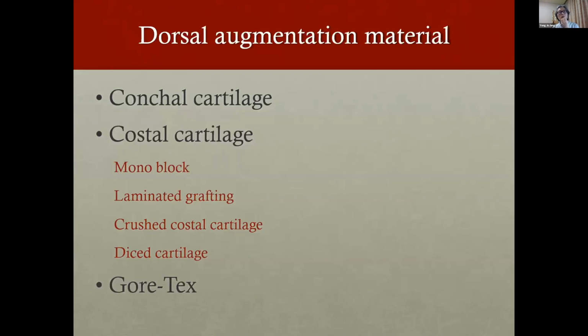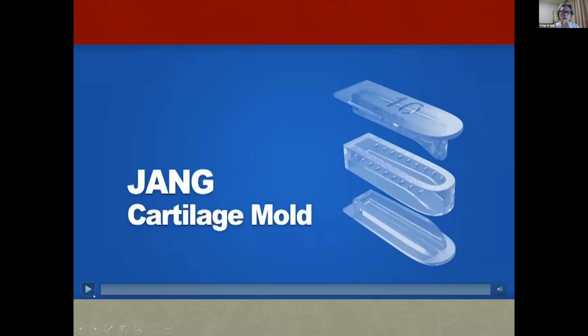Augmentation is also a very important aspect of short nose correction. I mostly use costal cartilage. Nowadays, I mostly use glutaraldehyde-treated cartilage. So this is the cartilage mold, which I have been using from about 2 years ago.